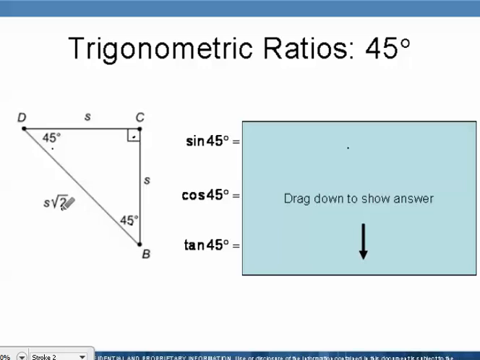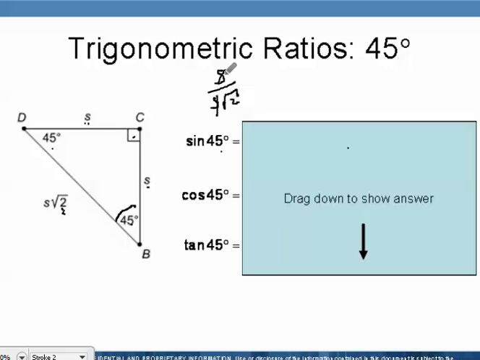So if I'm looking at this side over here, it's going to be the same as this one, s, divided by the square root of 2. And so if I take the sine of a 45-degree angle, it's going to be the opposite, which is s, divided by s times the square root of 2.